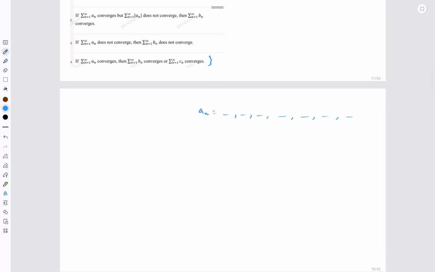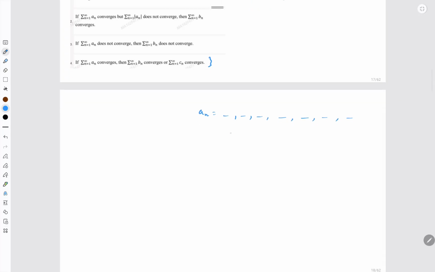So if I take the positive numbers out and the negative numbers out, sigma a_n is nothing but sigma a_p plus sigma a_N, the sum of positive numbers and negative numbers, obviously, right?